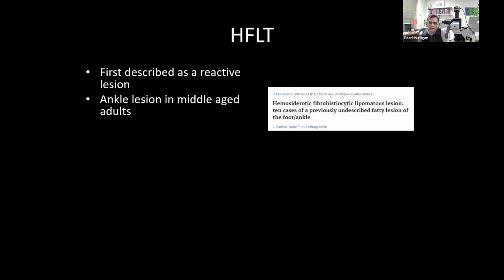This is a rather rare entity, which is abbreviated as HFLT. It was described by Dr. Fanburg-Smith back in 2000. Initially, when they described it, they thought it was a reactive lesion, and it typically occurs in the ankle and foot region of middle-aged adults, especially females.